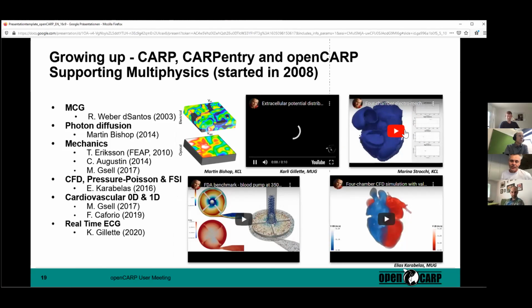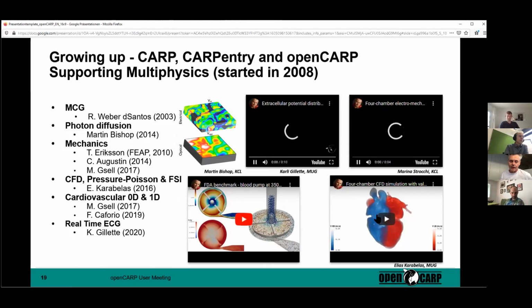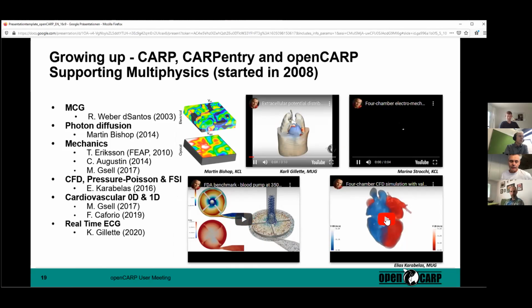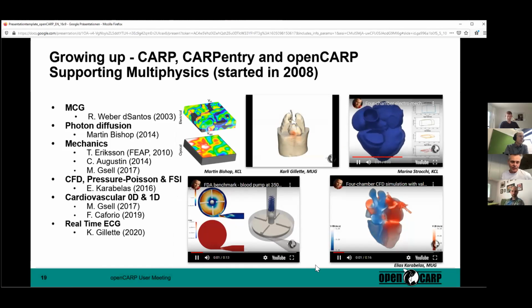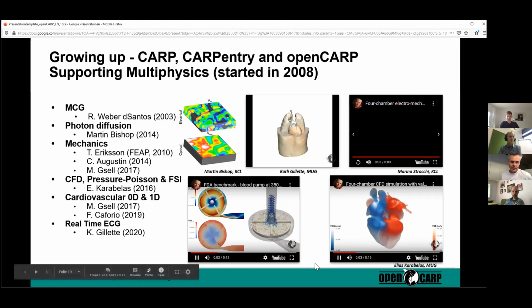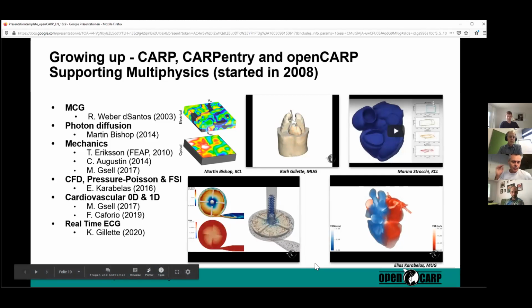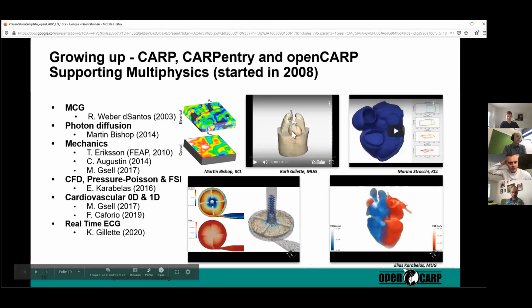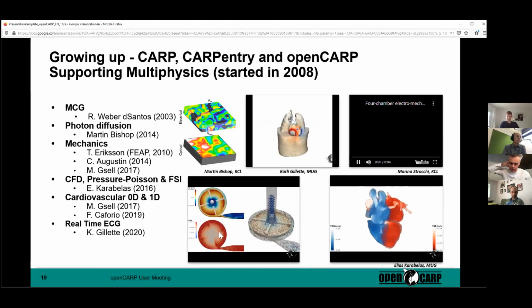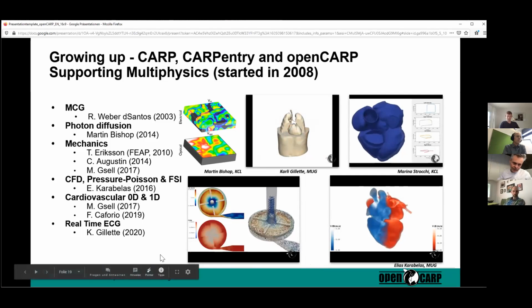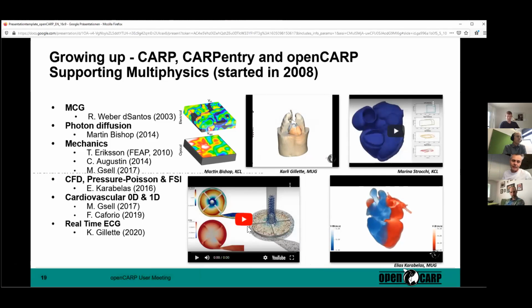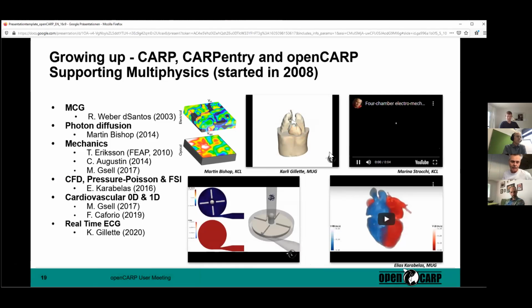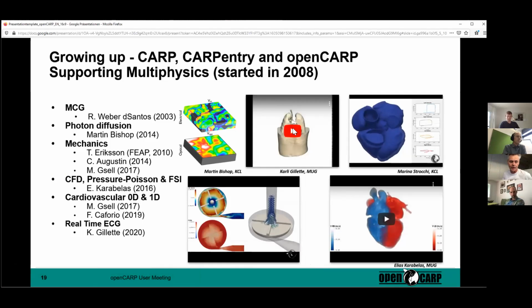So with the influx of people with a good numerical background, we started to move towards multiphysics. We did very early on magnetocardiogram work, working on photon diffusion with Martin Bishop. Later on, we moved into mechanics, and even later in 2017, we started work on Navier-Stokes, Brinkman, FSI problems, pressure Poisson, and so on.